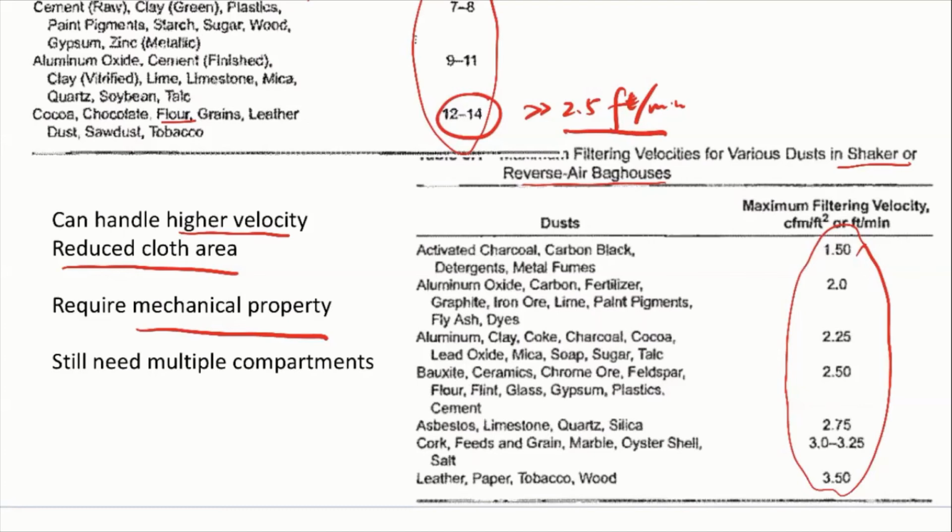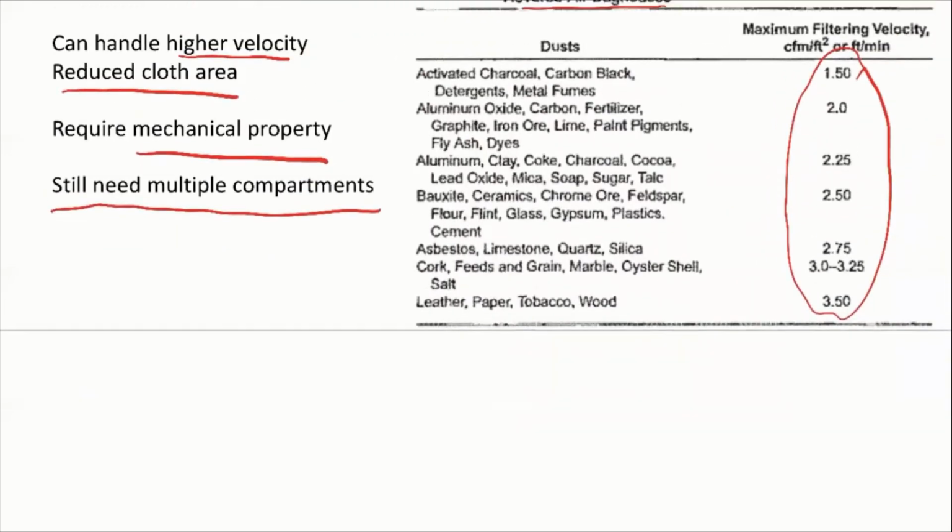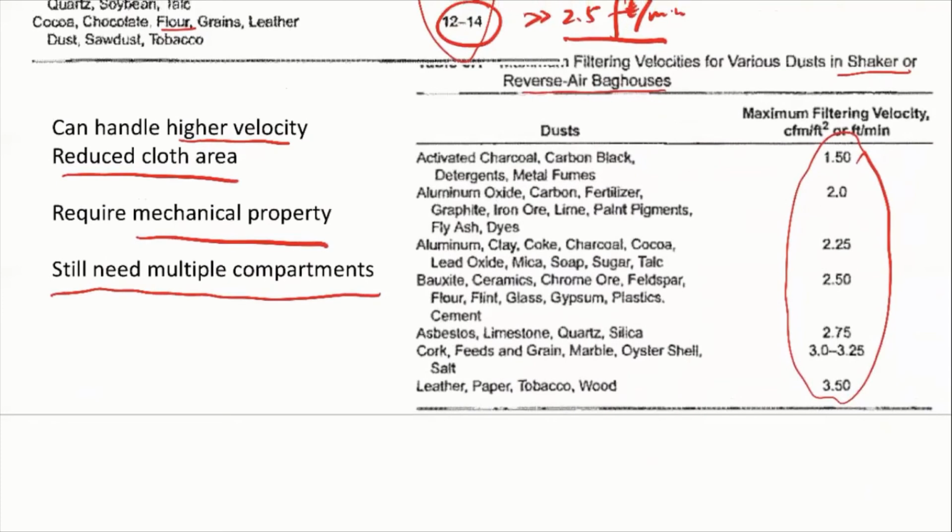Still, for the pulse jet baghouse, you need to consider the extra volume because it's quite easy to damage these materials. So you always need to consider one extra compartment so that when it's offline, all the remaining compartments can still handle the airflow, okay?